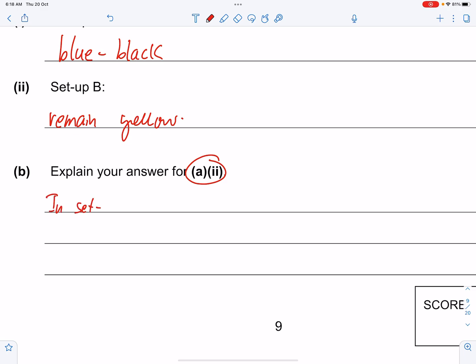So in setup B, the stomata, or the tiny openings, were blocked by oil.